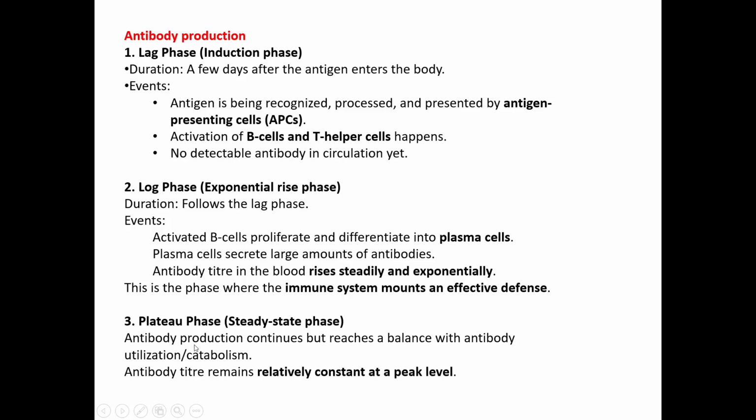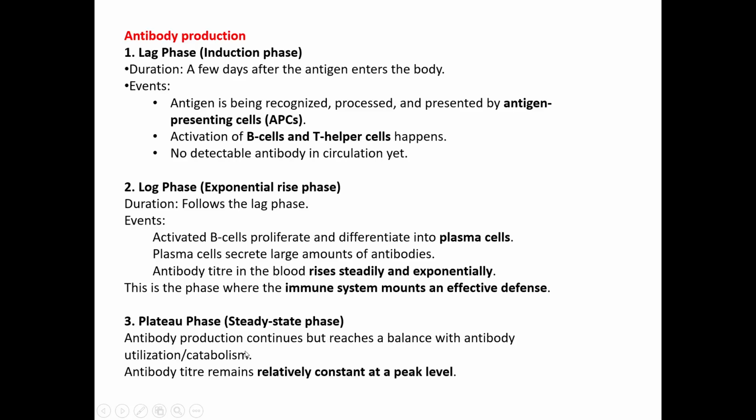After that comes the plateau phase. Here the antibody production continues but reaches a balance between utilization and production. Once produced, the antibodies have to be bound to the antigen. It has to continue the immune pathway. So few antibodies will be in the process with the antigen, and few are continuously being produced, which are yet to bind to the antigen.